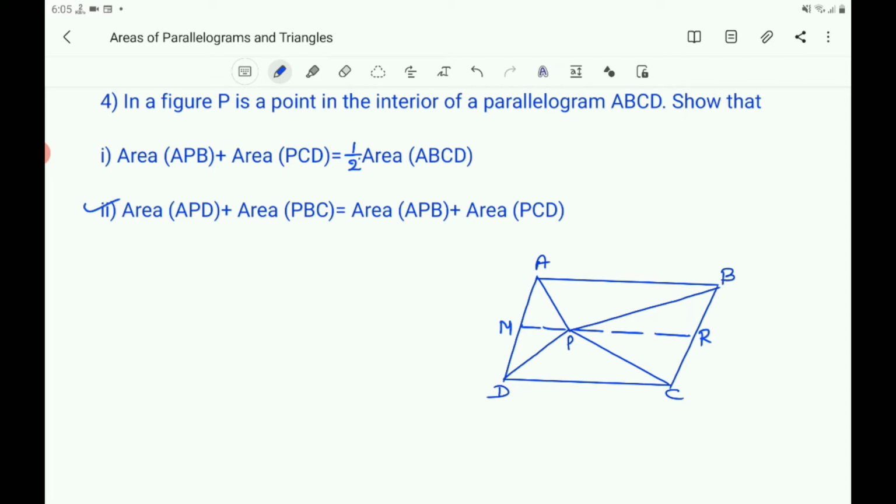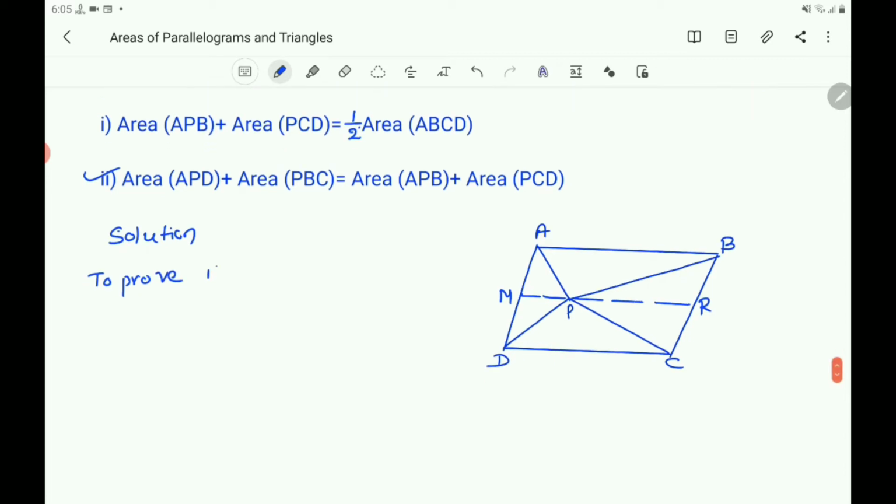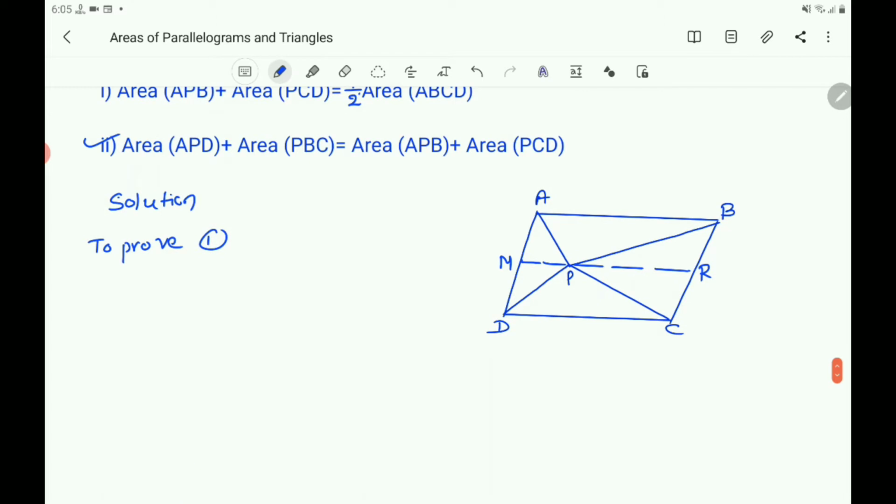Here you write the solution to prove the first one.